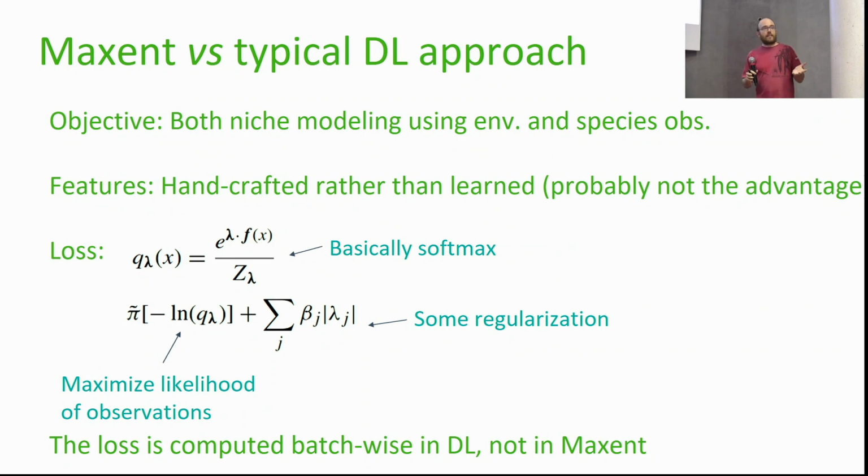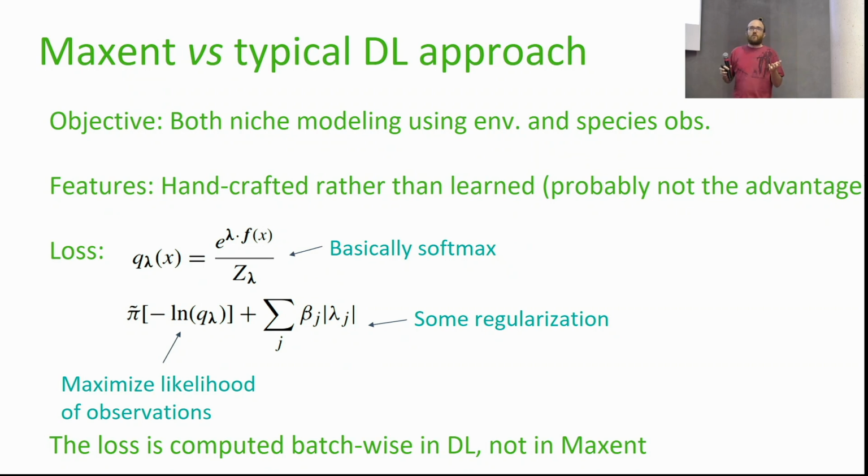So what are the main differences between, in this case, Maxent and the classical deep learning approaches that we apply for deep SDMs? The objective is the same, right? In both, we want to understand the niche of the different species. The features, in the case of Maxent, are sort of predefined. There's a list of features that we will extract from the environmental variables, and in deep learning they are learned.